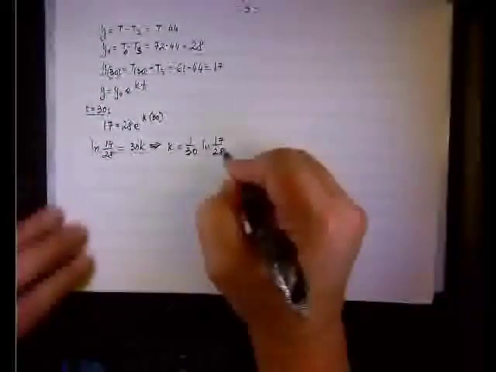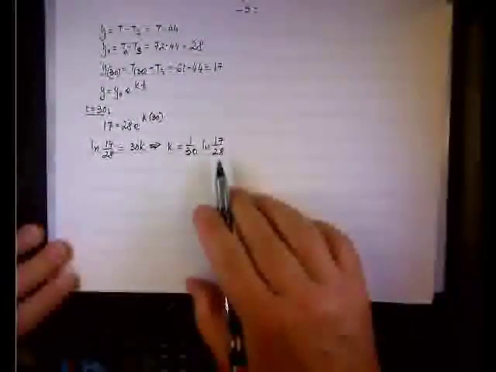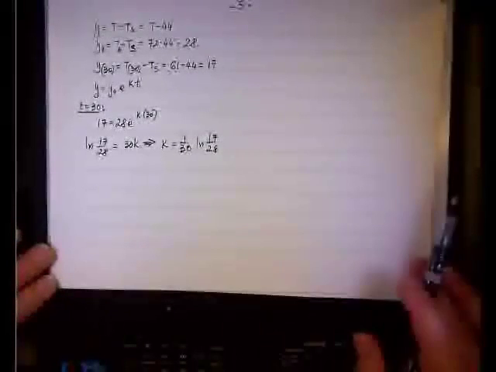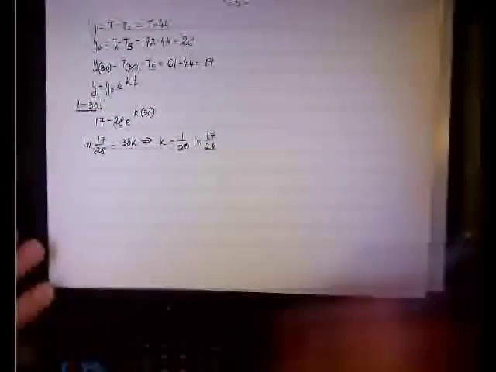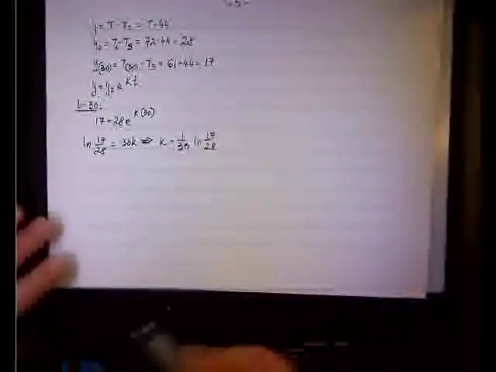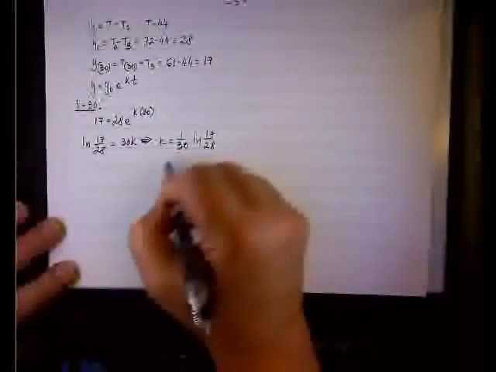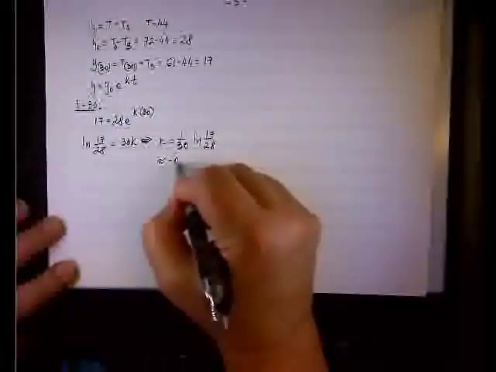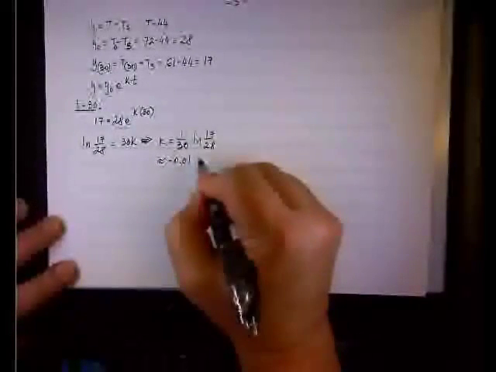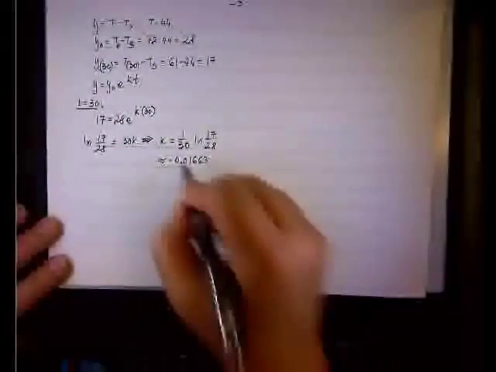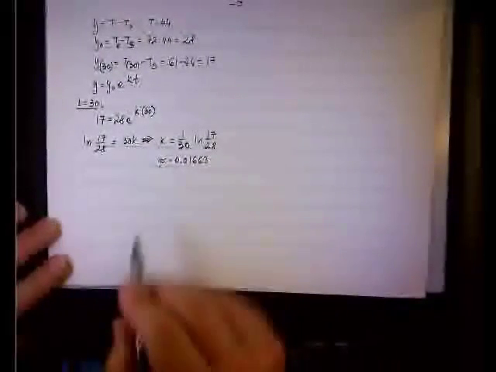Again, you may calculate the number here, but because the natural log of 17 over 28 is an irrational number, you introduce rounding error. I prefer not to do so. Just in case you're wondering, this is approximately negative 0.01663 if you want to round it to 5 decimal places. But notice that it's rounded.